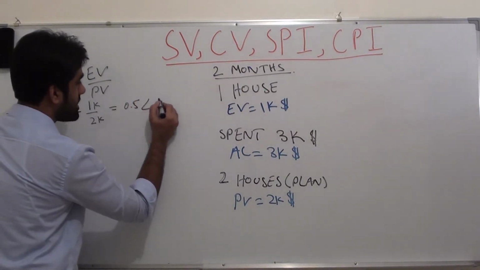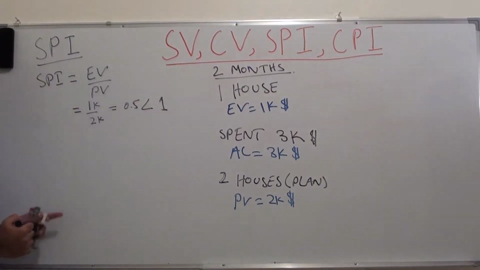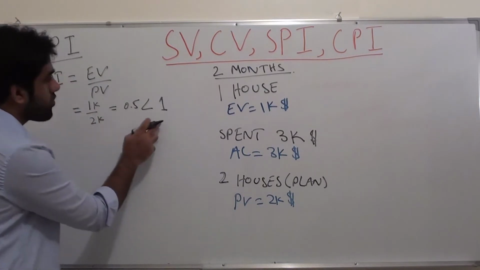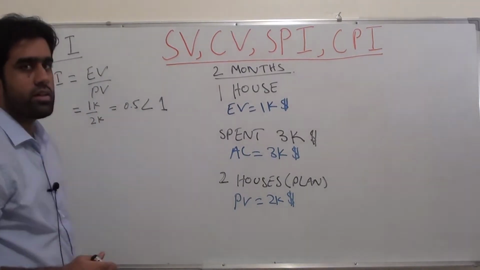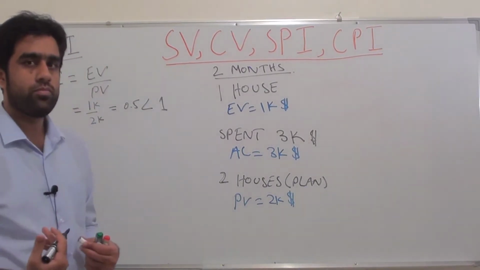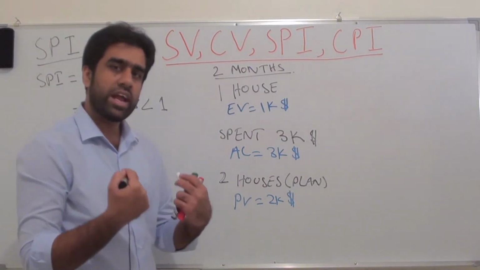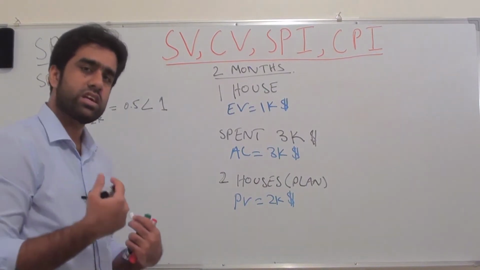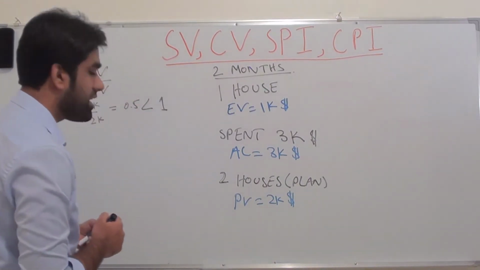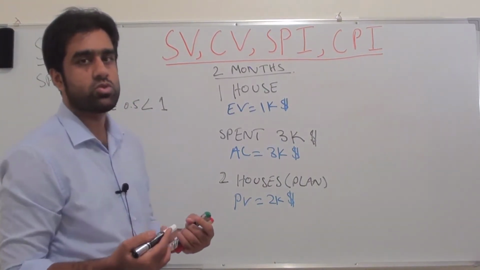This is less than 1, right? So if your schedule performance index is less than 1, that means we are behind schedule. It was similar with the variances: if it is negative, we are behind schedule, and if it is positive, we are ahead of schedule.